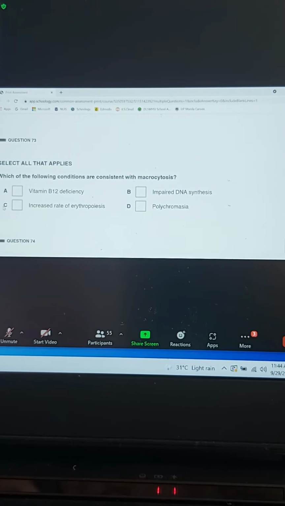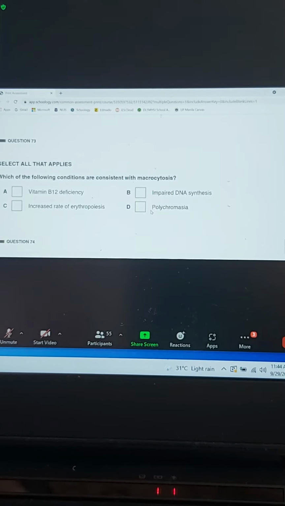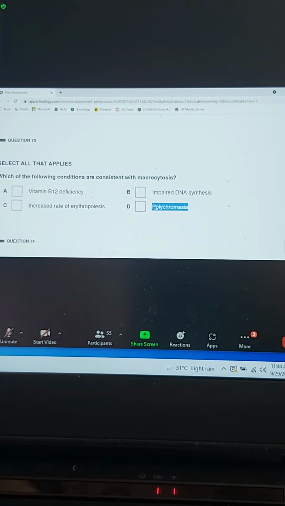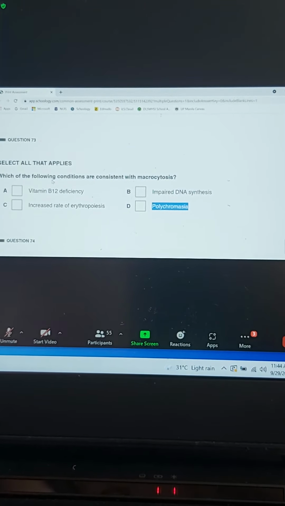So, magmumukha silang may macrocytosis din, di ba? And then, of course, polychromasia is just reticulocytosis, but you're seeing it under Wright stain smear. This is polychromasia, this is reticulocytosis as well. So the correct answers are actually lahat sila, A, B, C, and D. So they are consistent with macrocytosis.